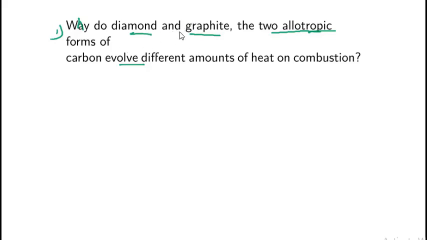So they are asking why do diamond and graphite, the two allotropic forms of carbon, evolve, that is generate or produce, different amounts of heat on combustion. So when they go through combustion, these two allotropic forms of carbon are going to produce some heat. That means different amounts of heat are released when these are burnt.